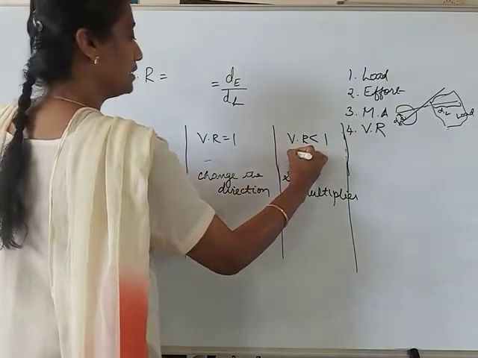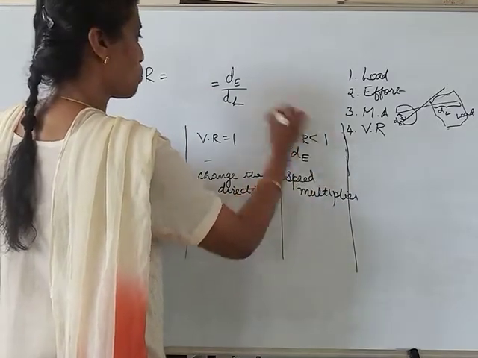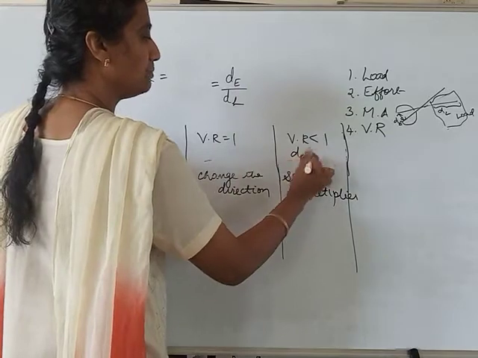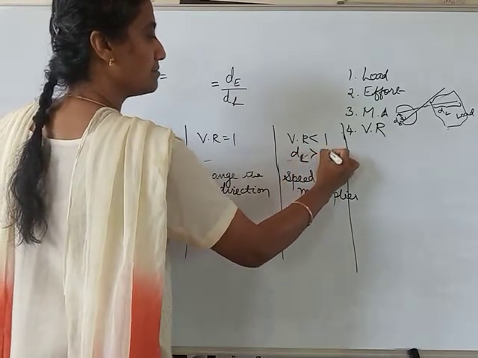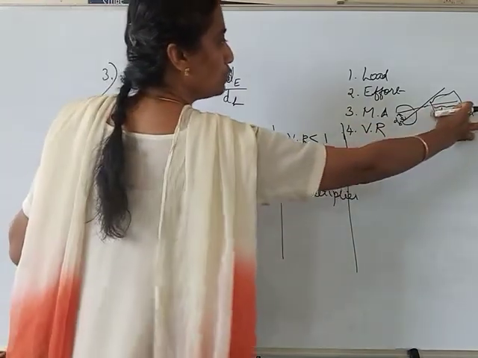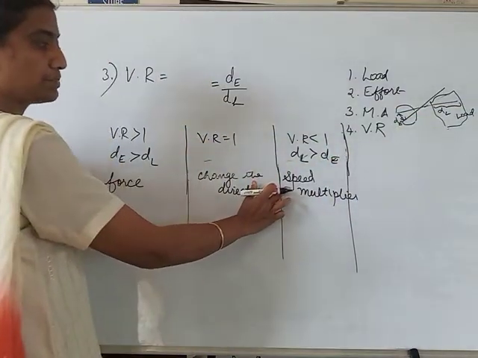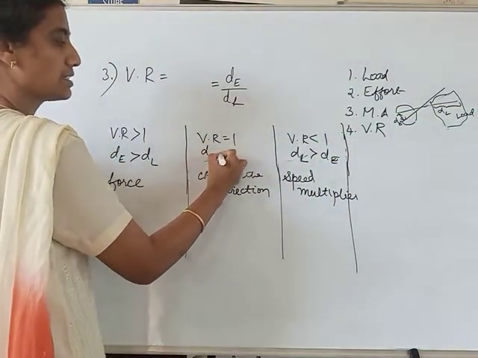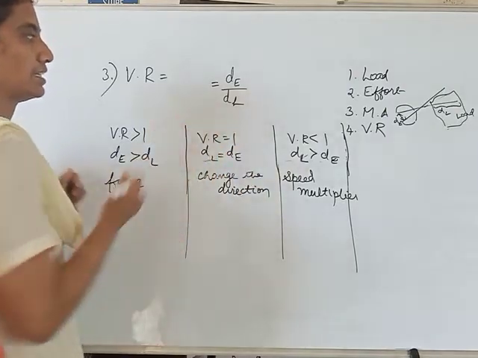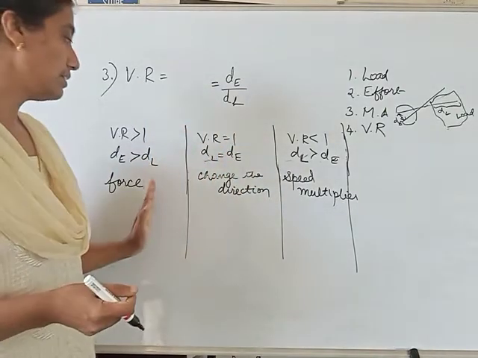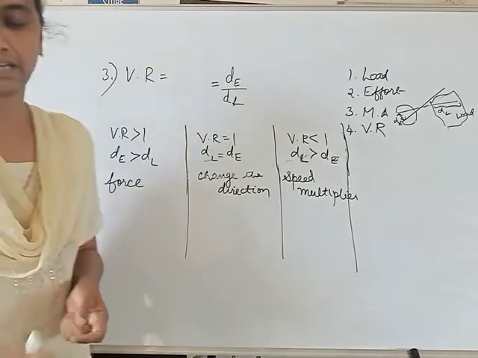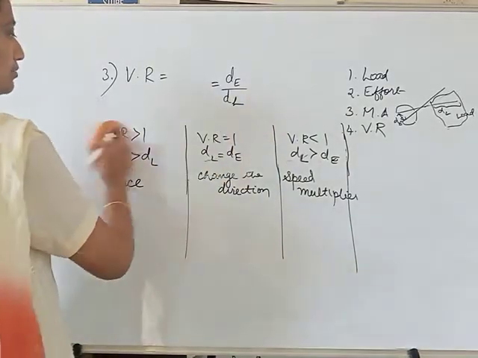Whereas here DL will be greater than DE, in the sense that the load will move through a longer distance compared to effort. So that will be a speed multiplier. In the equal case, it will be used to change direction. These are the three possibilities that we have. Okay. So this is what we did the other day.